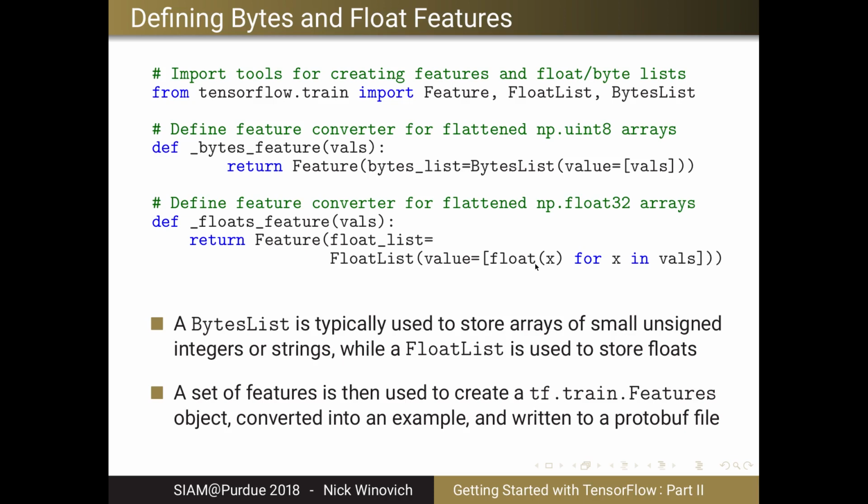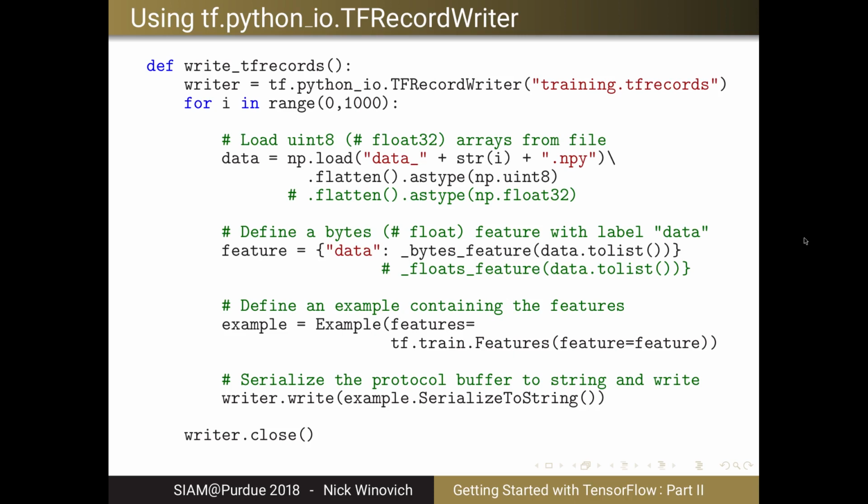And now, once we have these features, if I go to this slide, we can combine the features. This is where I'm going to call the bytes feature or the floats feature. I've just commented out the float version and the bytes version is highlighted. So the flatten, as type numpy uint8. So we just want to flatten this.